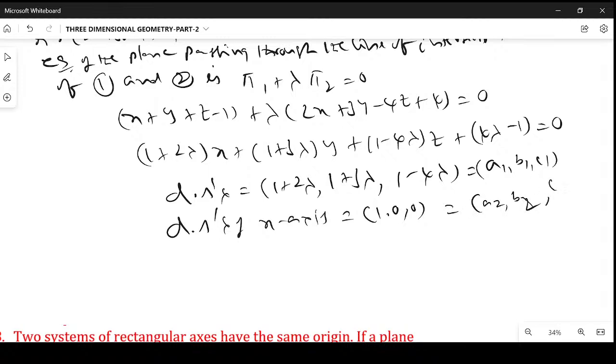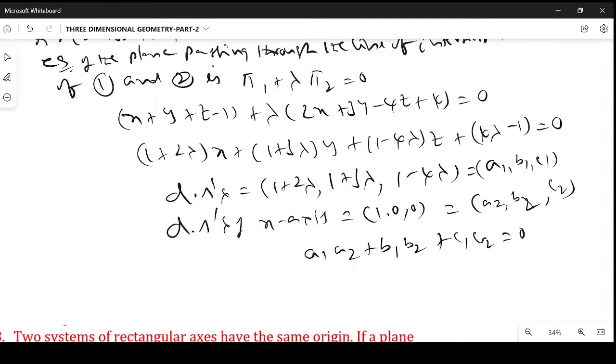The plane is parallel to the x-axis, that means the normal is perpendicular to the x-axis. Then you get the formula a1 a2 plus b1 b2 plus c1 c2 equal to 0. The plane is parallel to the x-axis means the normal should be perpendicular to the x-axis. You can use this condition.